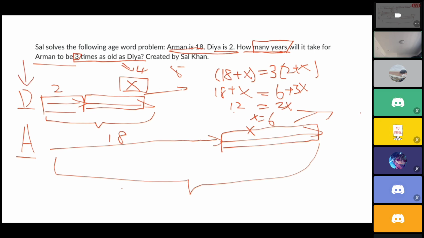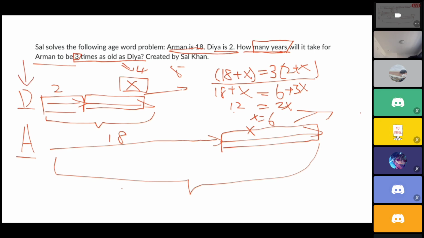If this is hard to understand, then there might be some problem, either with my teaching style or you're not really listening, because this part is really not hard. It's not even a system of equations. It's only one equation we're having at the end. There's only one variable, and all you do is draw the graph and discover the relationship, which is 18 plus x and 2 plus x.